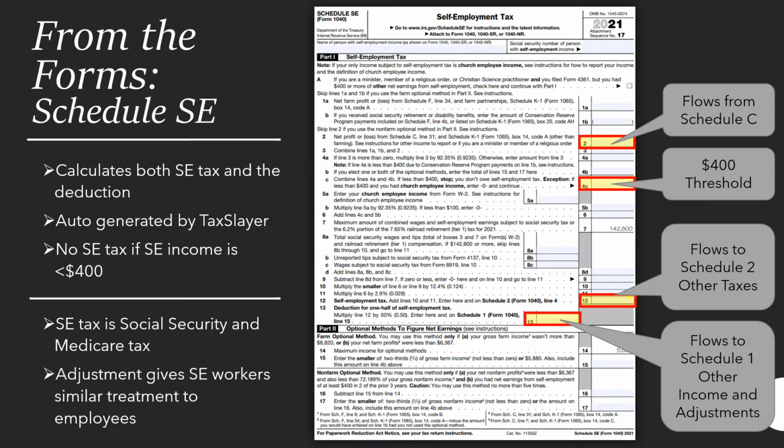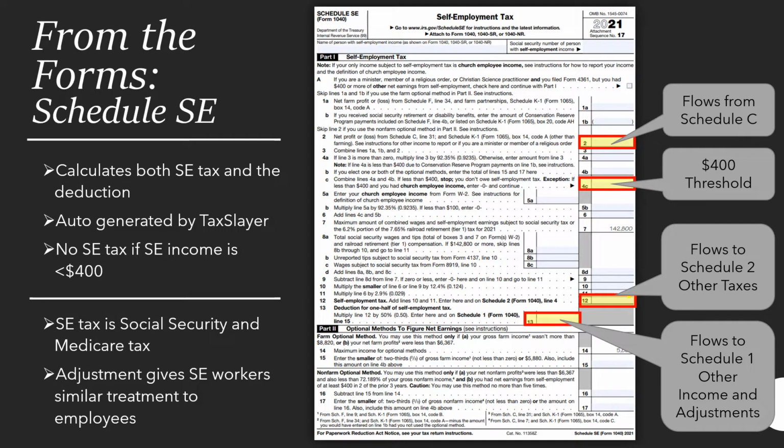So when the employer paid half of the Social Security and Medicare taxes, they did not report that as income to the employee on their W-2 in box 1.